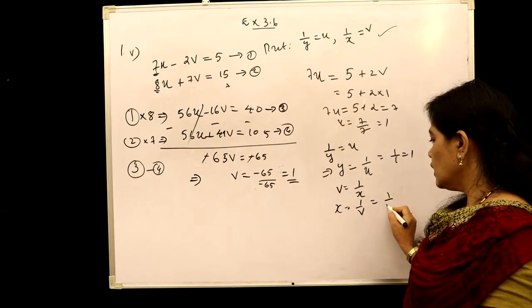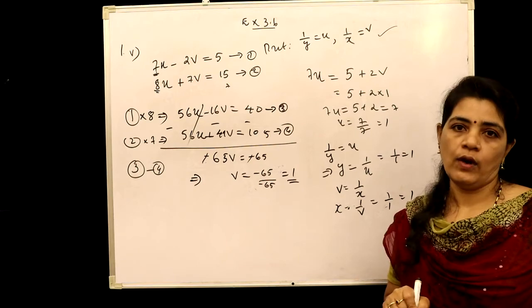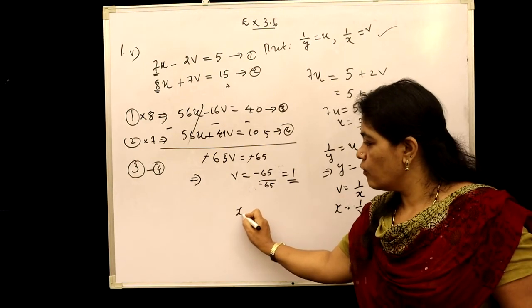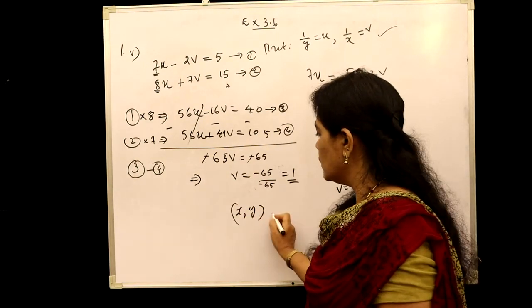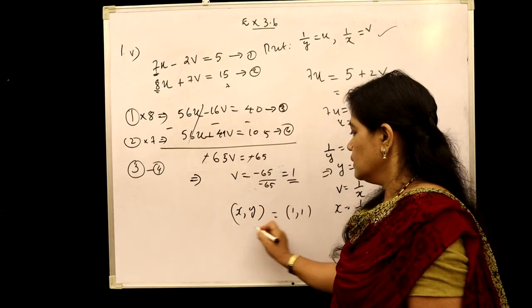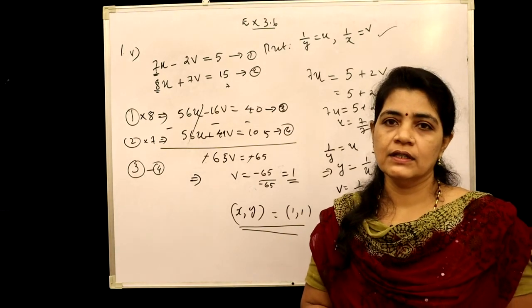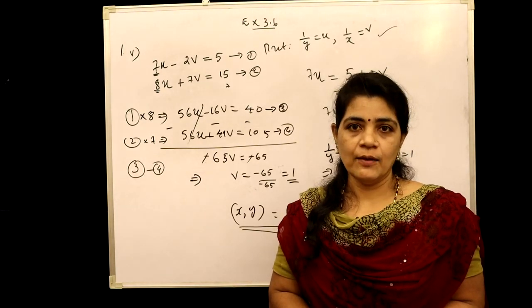But we got v also 1, so x is equal to 1. So x comma y, the values of the variables in the given equation, are 1 and 1. Okay, so this is all about this fifth question. It's a very, very important problem.